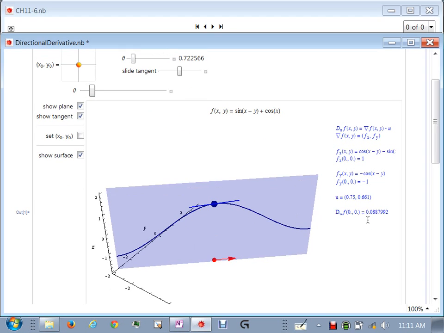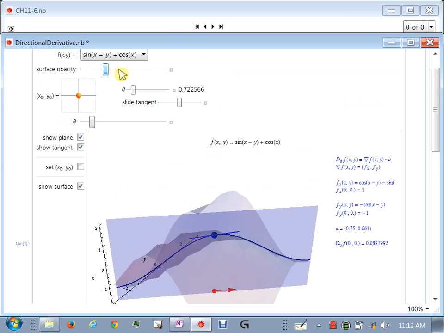It's like 0.088. So the direction which I point determines what my tangent line will be, what that slope will be. So the question becomes, how do we actually compute this tangent line, right? How do we do that partial? Does it make sense that it would be some combination of the partial with respect to x and the partial with respect to y? It somehow has to do with the two directions itself, some combination of those.